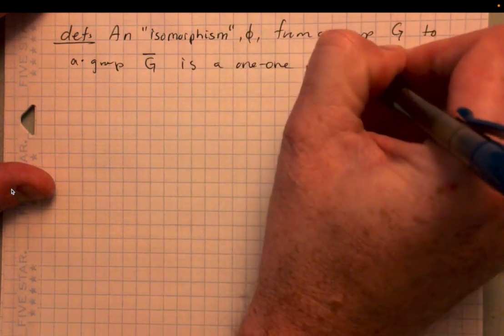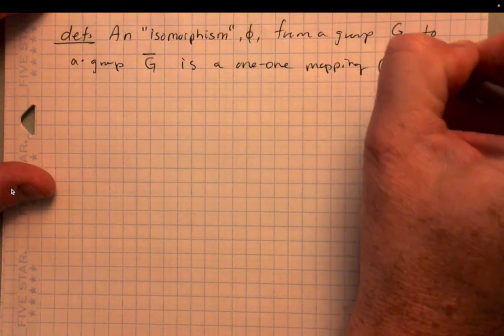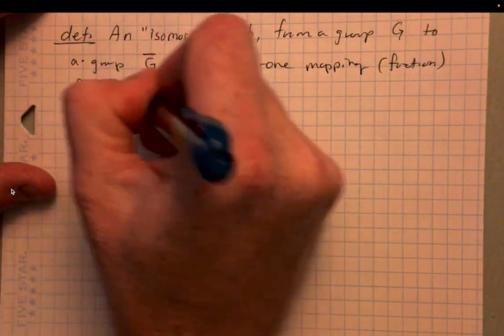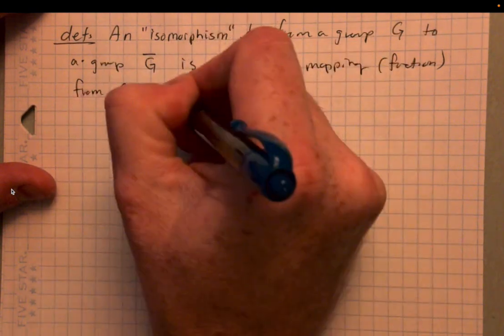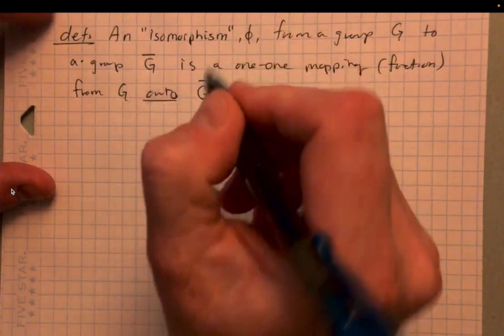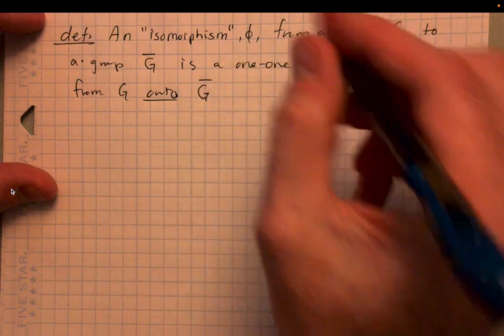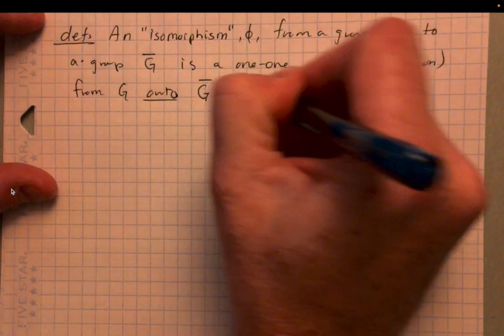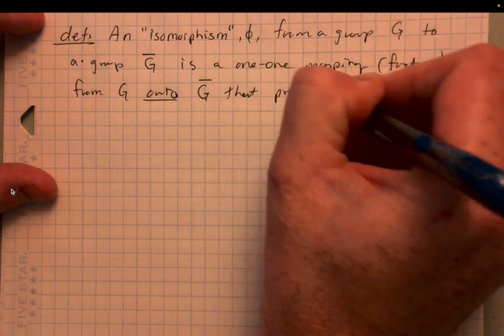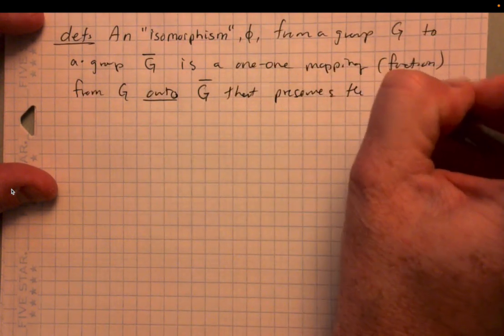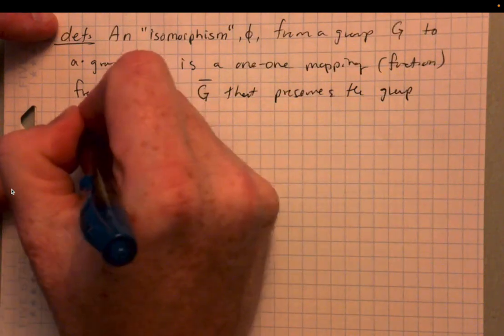You can think of it also as a function from G onto, very important, onto G bar. And specifically, this mapping preserves the group operation. We'll see what that means in a second.